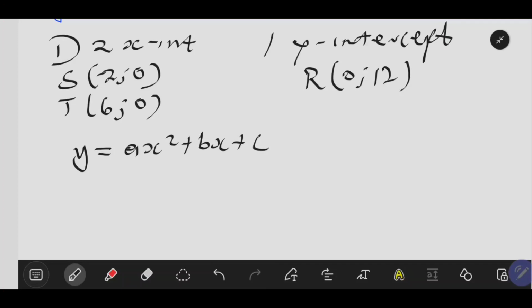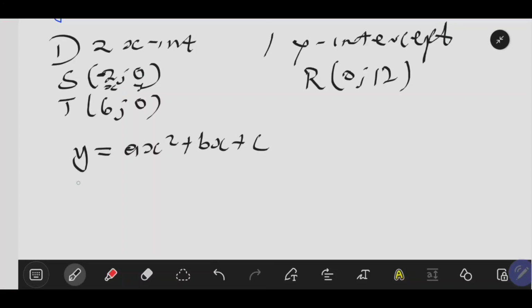We are having 2 x-intercepts. So we are going to substitute the coordinates of the first x-intercept on this equation. Meaning that this is our x, this is our y.